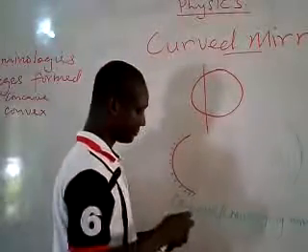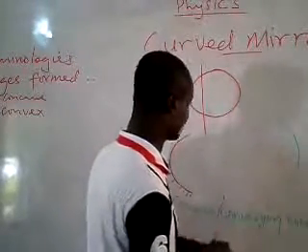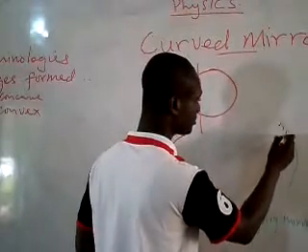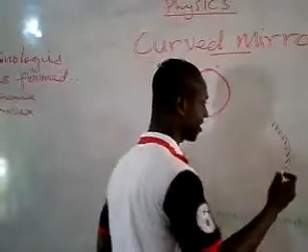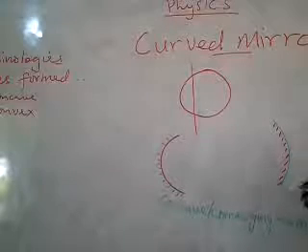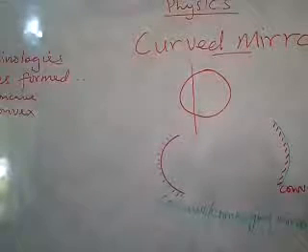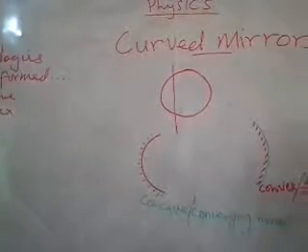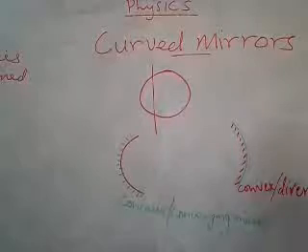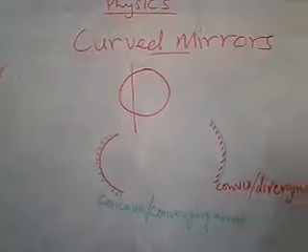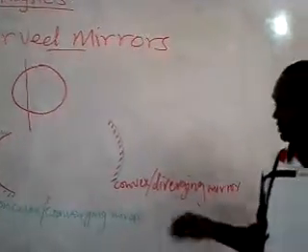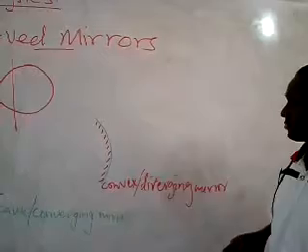If the inside of the curve is also coated with a silver surface, in which the shiny part is the outer part of this particular curve, then it becomes what we call convex, or what we call diverging mirror, because it also diverges light rays incident on it.